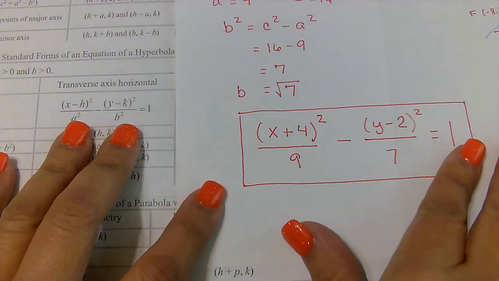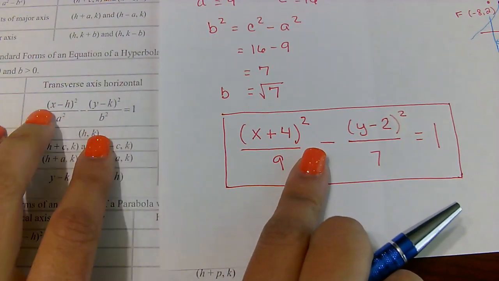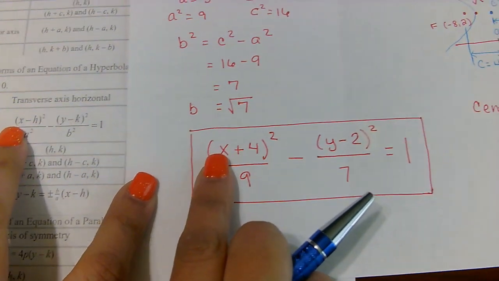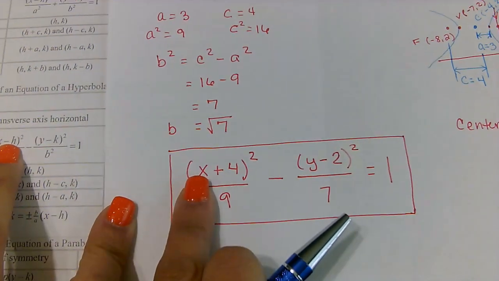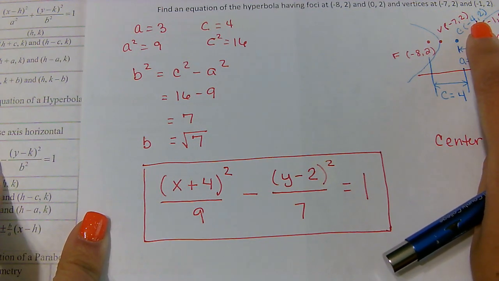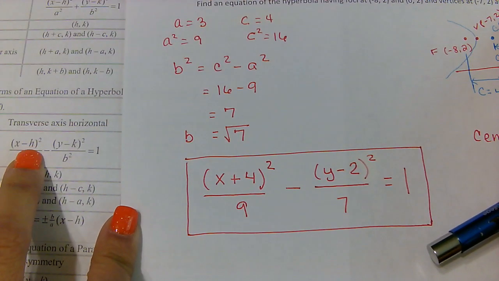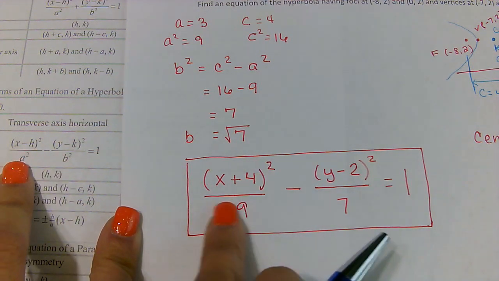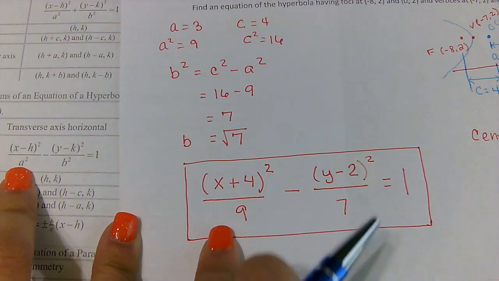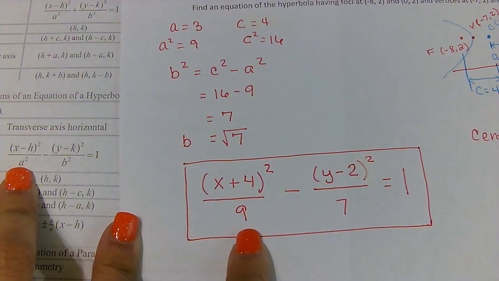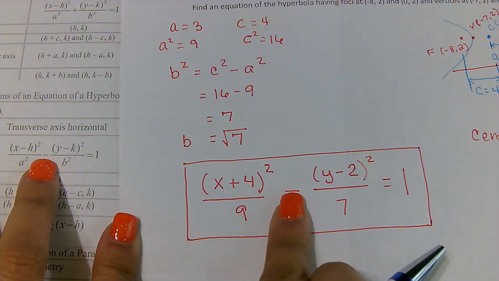Still using the horizontal transverse axis, we're going to go ahead and write it in this way. Our x goes first minus our h. Remember, h in this case is -4, so a negative times a negative is going to be a positive 4. Square that and divide that by a squared. a squared is going to equal 9, so I put a 9 in the denominator.